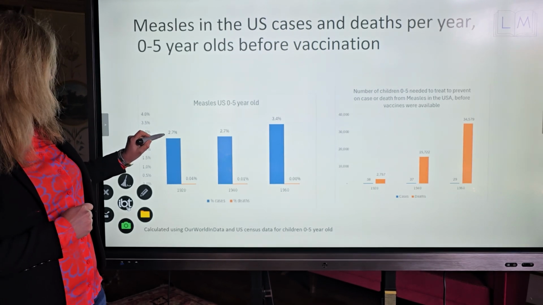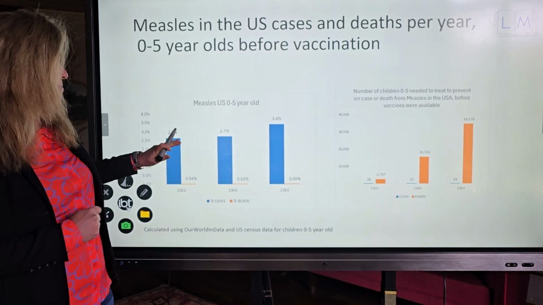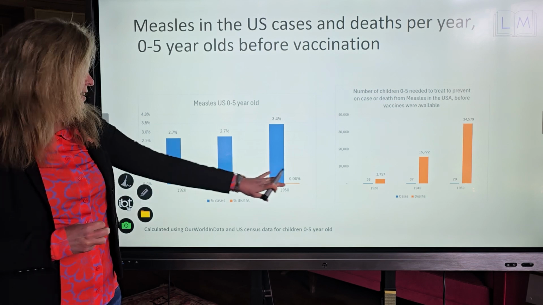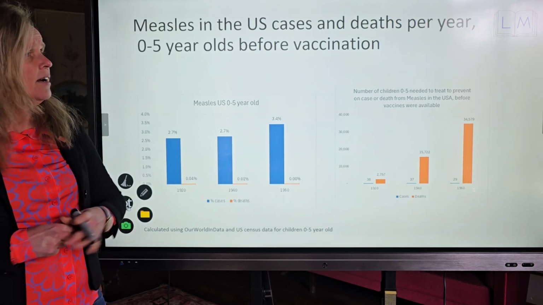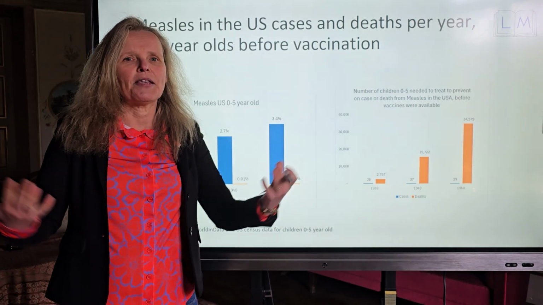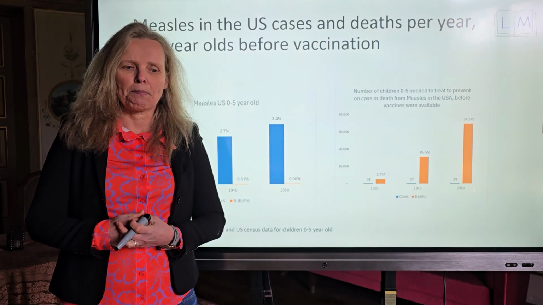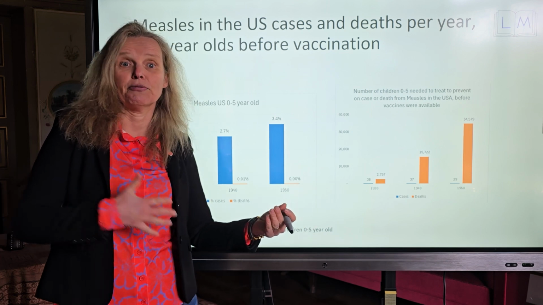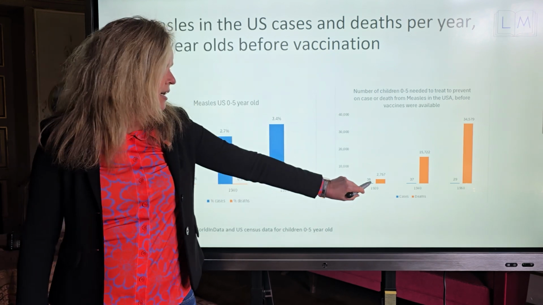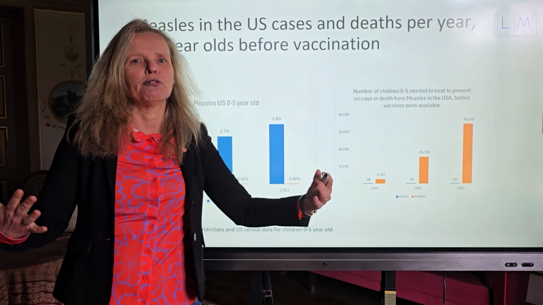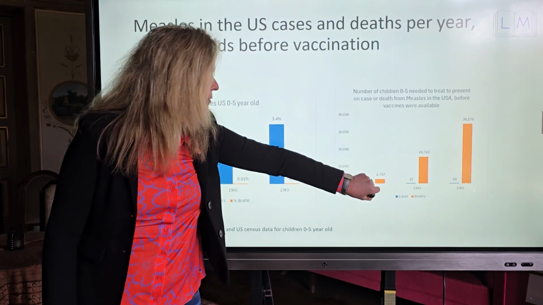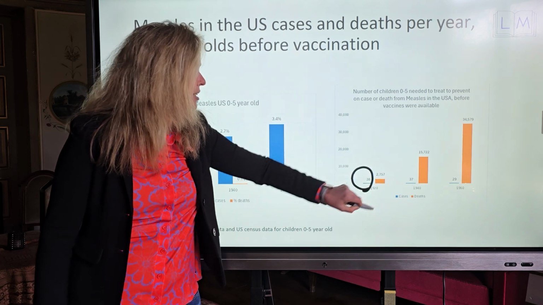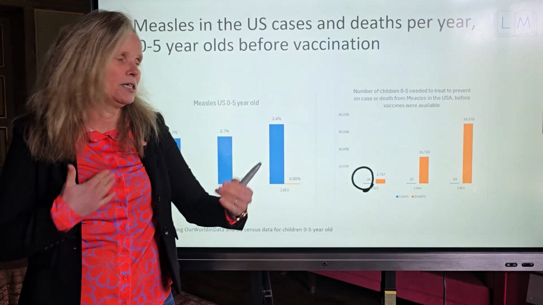There is like 3 to 4% each year who have measles beforehand. So hardly any kids died at that time. And if you look at the right-hand side, within epidemiology, you often hear how many people should be vaccinated before we prevent 1 case or death. And you look before vaccination started. If you look at here, for 38 kids to be vaccinated, you prevent 1 case of measles.